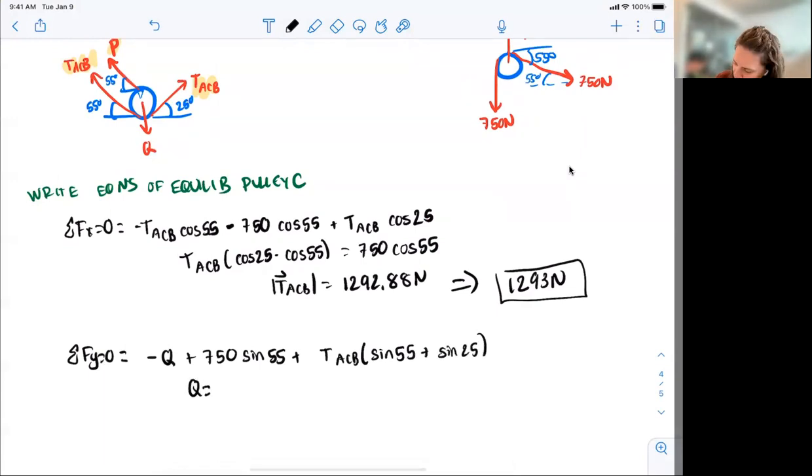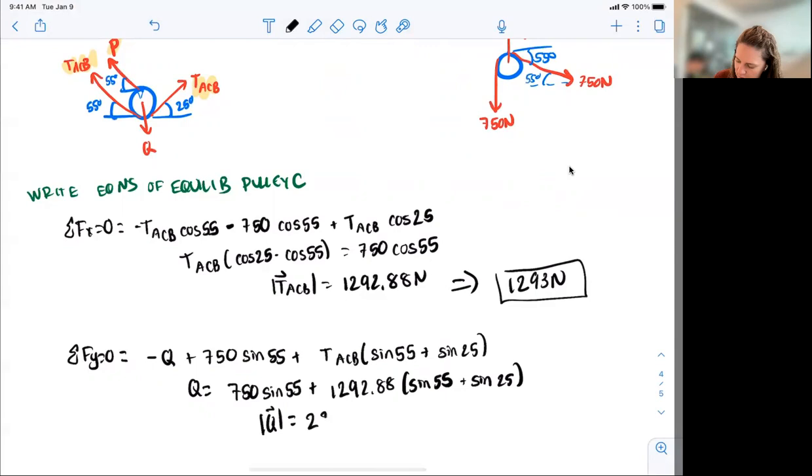So I can solve for Q equal to 750 sine 55 plus 1292.88. I'm going to keep it in its unrounded format when I am using it in another calculation, times sine 55 plus sine 25, and I get the magnitude of Q. It's 2219.8 newtons. I'm going to round that up to 2220 newtons.